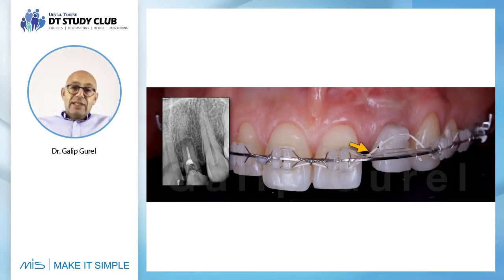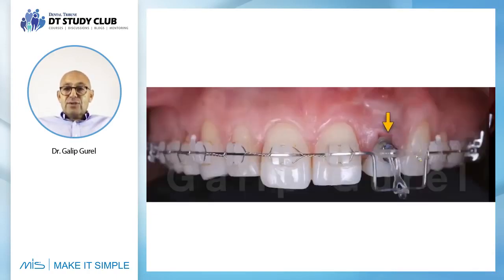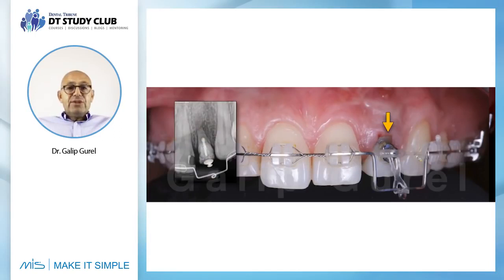So it's not only closing this space, but rather extruding this tooth at the same time, as you can see on the X-ray also, to bring the soft tissue and the bone down, and see how successful Nuno is in bringing all this down.